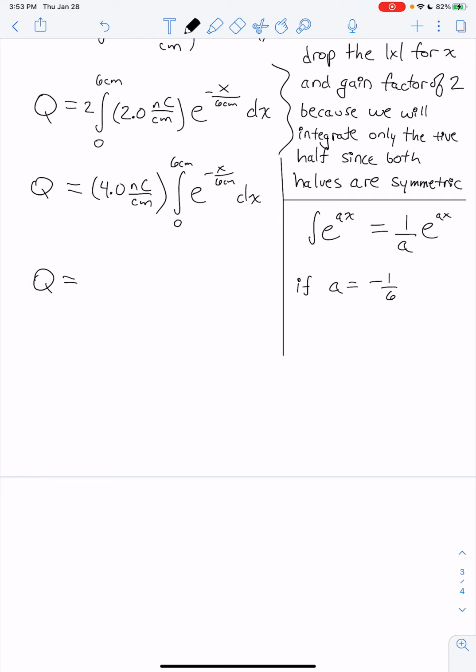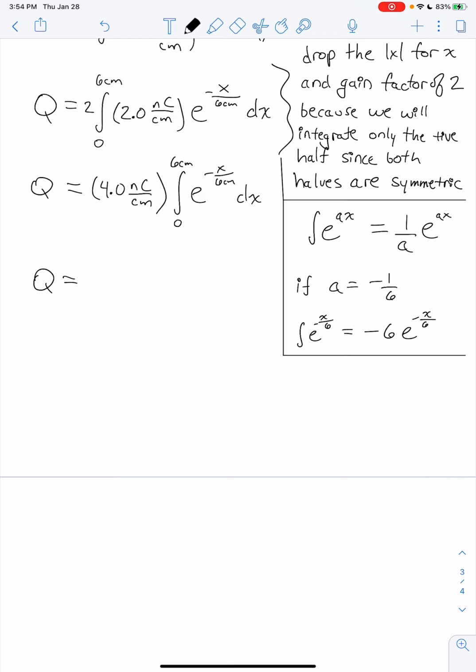Following this pattern, the integral of e to the negative x over 6 is going to be equal to negative 6 e to the negative x over 6. So that's applying our integral pattern to our particular situation.